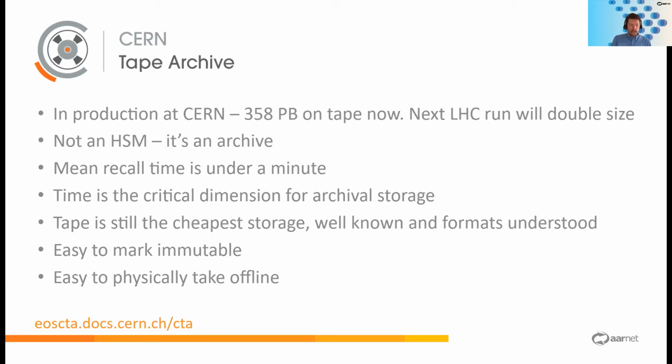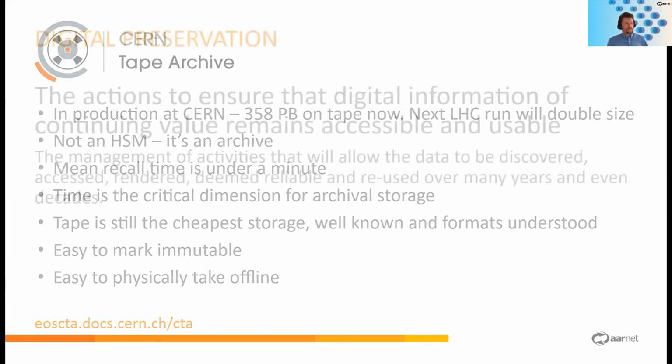It is an archive, and clearly tape is still the cheapest storage service that we can consider delivering. There are a number of benefits there, for instance, our mean recall time from the tape system being under a minute means it's a viable archive service that we could use for long-term preservation.